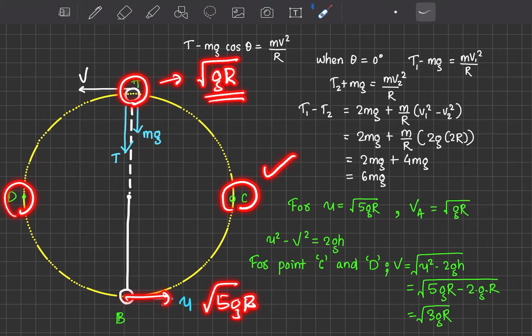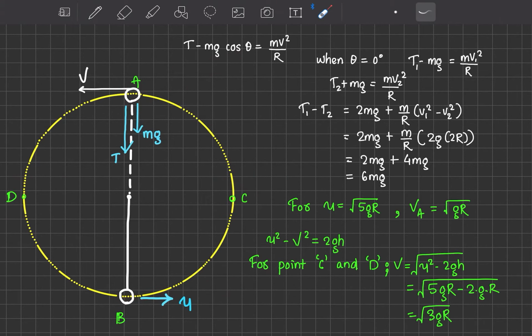Now here let's talk about C and D. From the symmetry we can see the elevation of point C and point D are both the same from B. Hence in both these cases the magnitude of speed will remain the same.